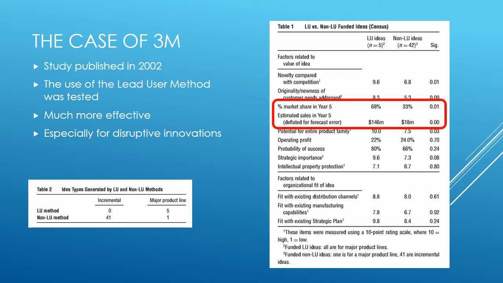Especially impressive is the number of estimated sales in year 5: $146 million compared to only $18 million generated by the non-lead user ideas. So the impact is enormous.